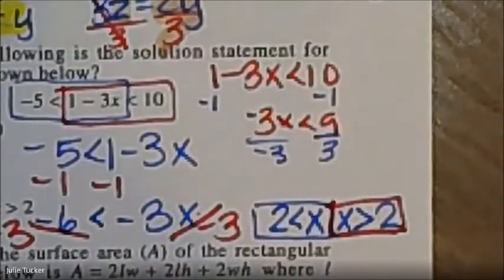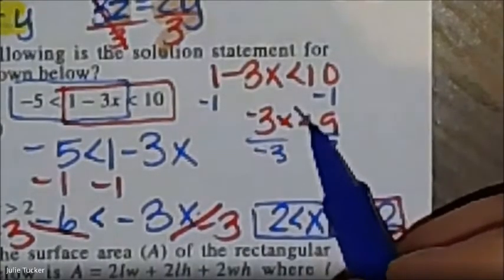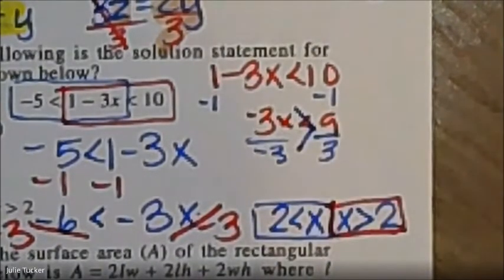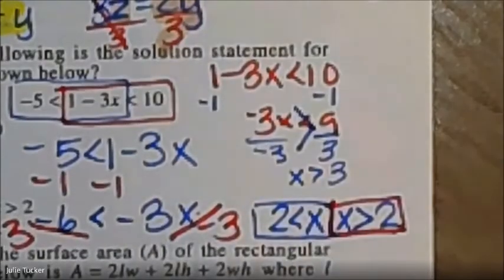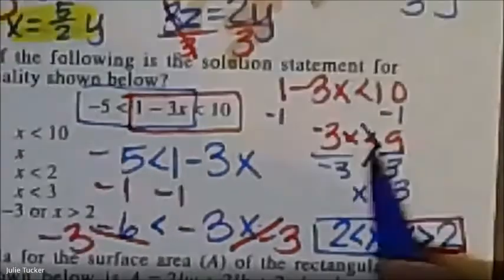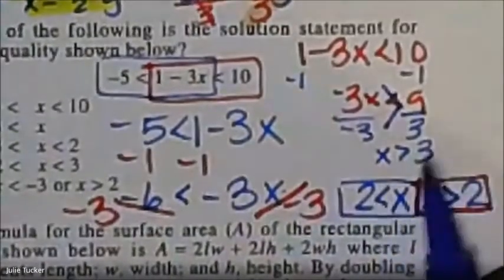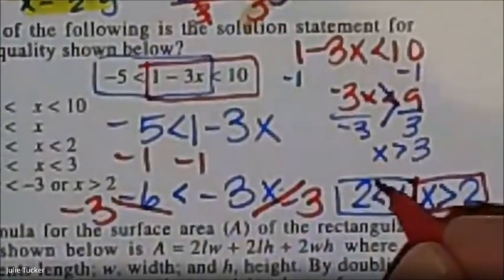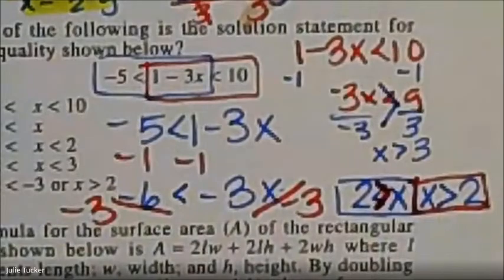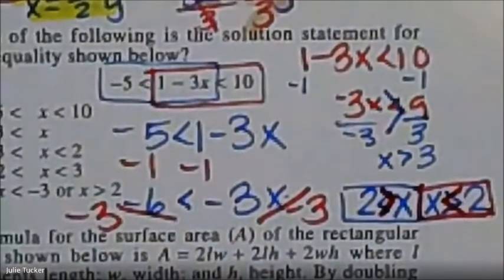Uh-oh, I just realized something. What do you have to do when you divide by a negative? You have to flip your inequality symbol. So this is x is greater than 3. So the one I did earlier, I forgot to do that. So this should be this way, and the other one should be that way.